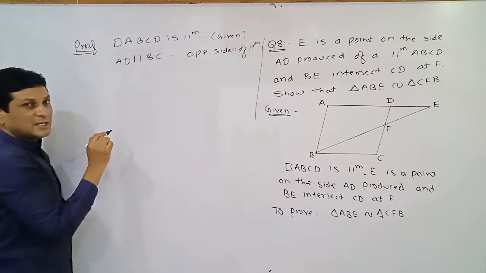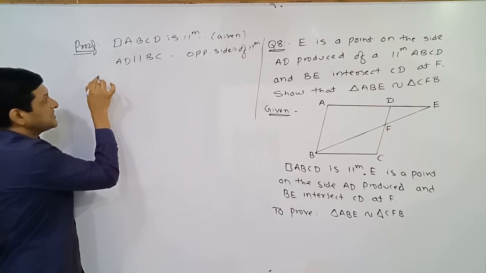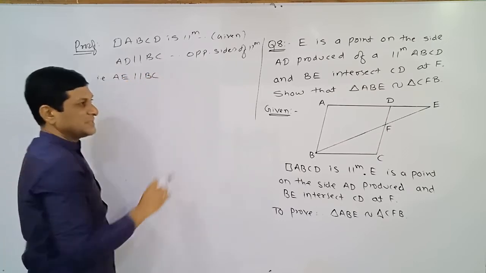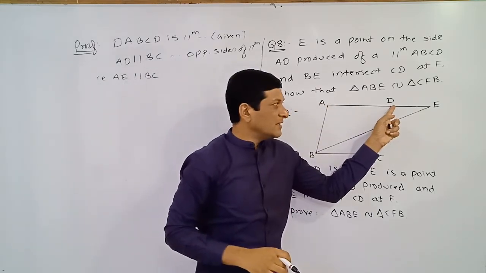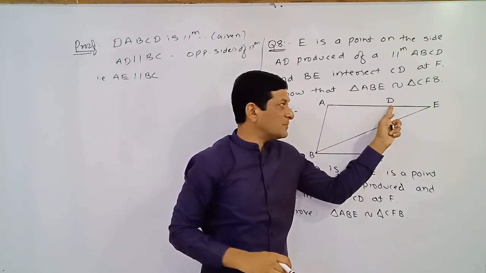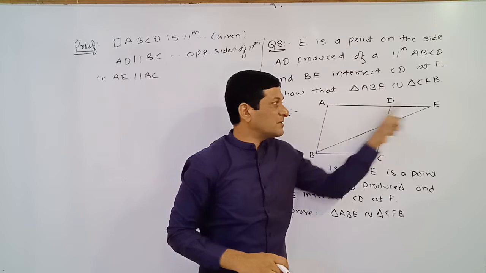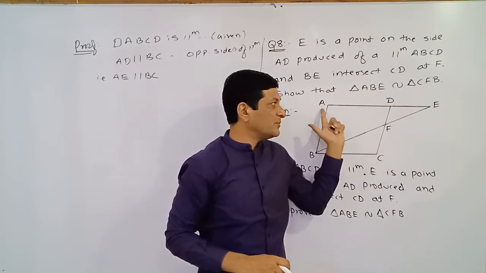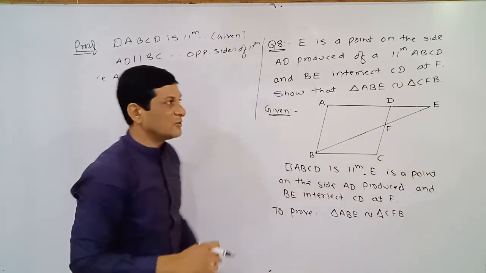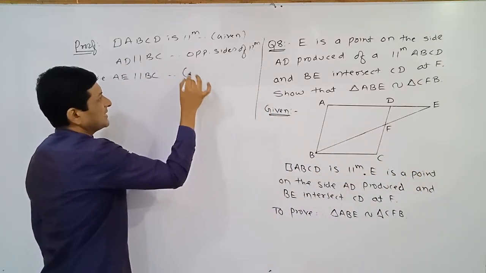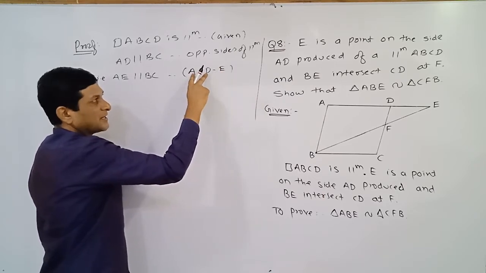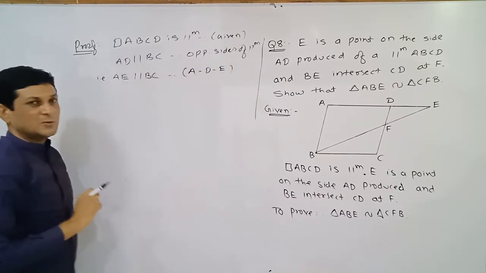So AD is parallel to BC, which means AE is parallel to BC, because points A, D and E are collinear. Here give the reason that points ADE are collinear. AD is parallel to BC, so AE is also parallel to BC.